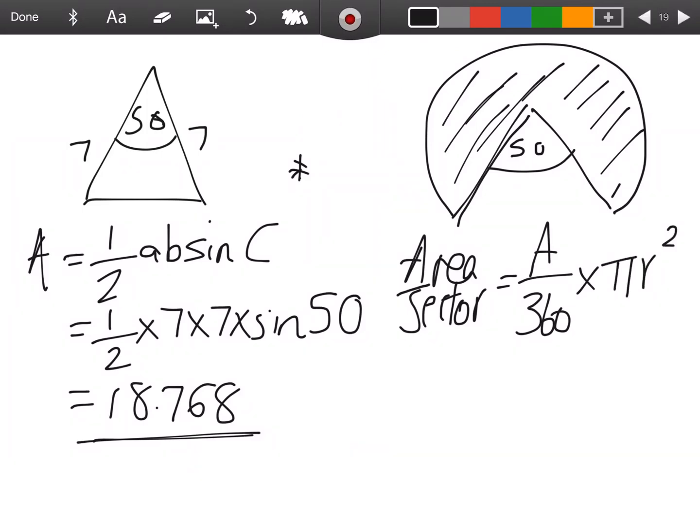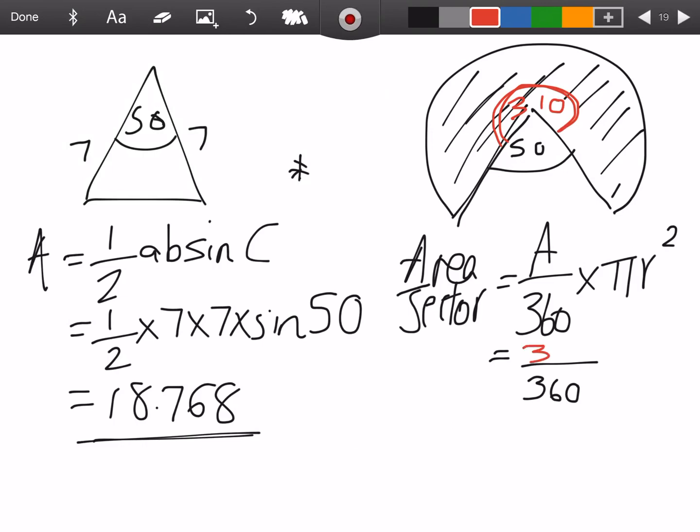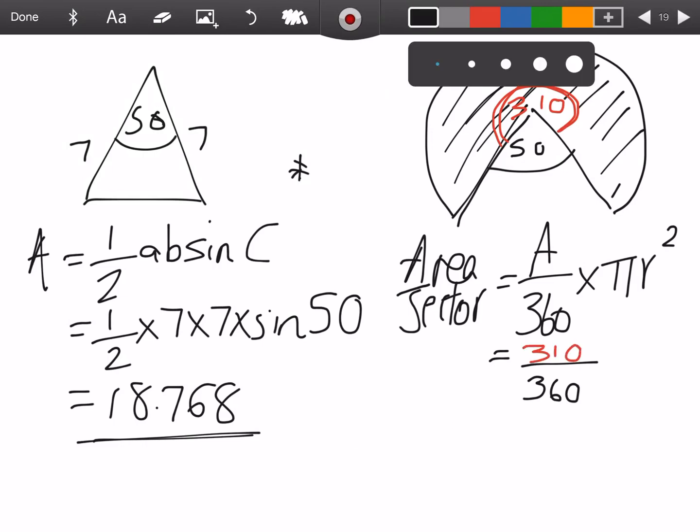Pi r squared. Right, now we're not using 50 degrees here, because if we use 50 degrees, we're working out the area of the bit that has been chopped out. Okay, so the angle that we want to use is this angle here. 360 take 50, that angle is 310.